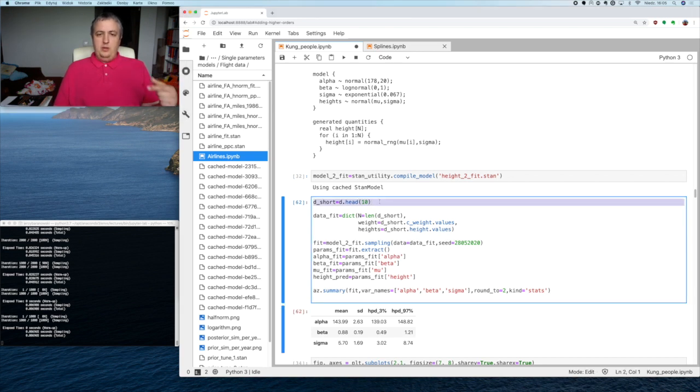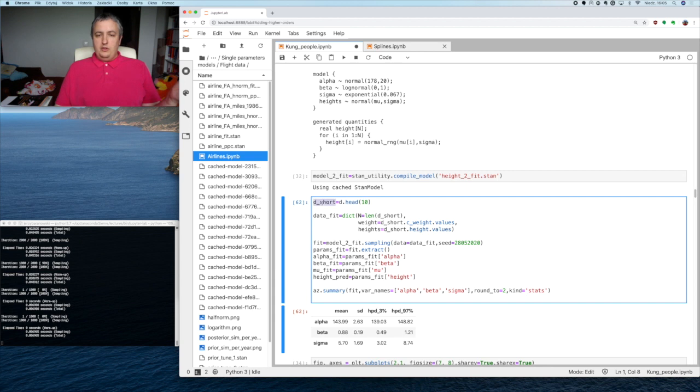At first we'll be using a small data set. We'll start with the first 10 samples, and then we'll be increasing the data set, so you will be able to see how the model changes, how our uncertainty about the model changes along with new data coming in.